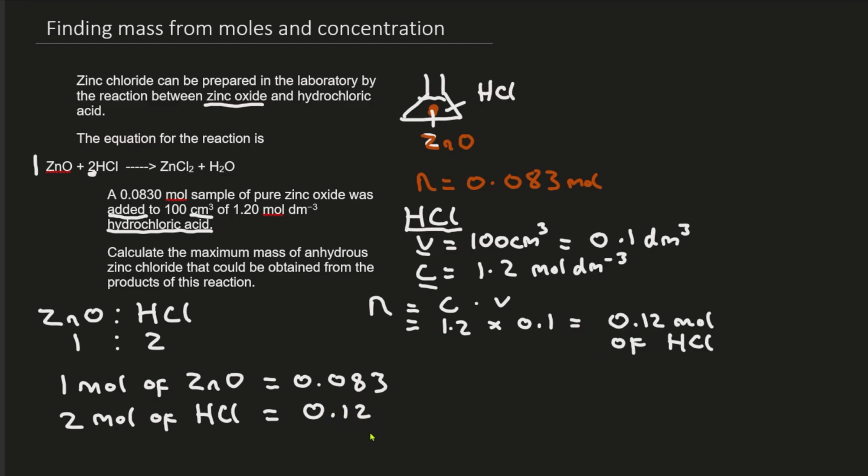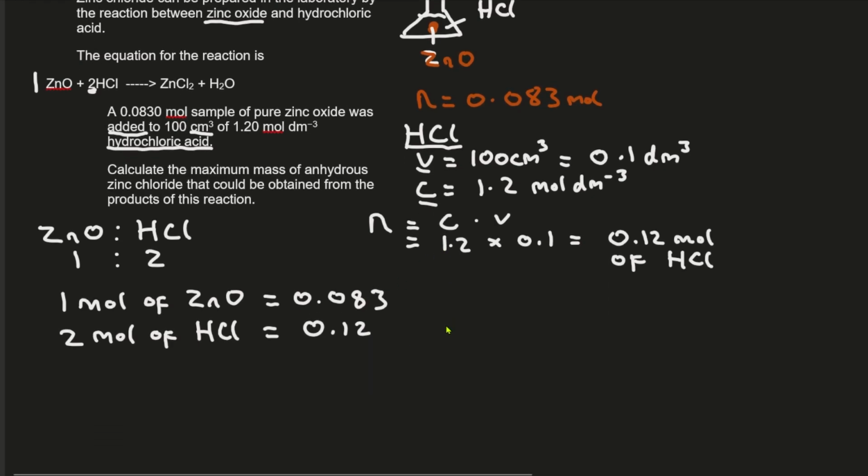Now, because we want to know which one is limiting, we're not quite sure yet. So we need to do a little calculation here and find out what 1 mole is. So let's write this in red. Therefore, 1 mole of HCl is going to be half of that, in which case we get 0.06 moles. Now we have a fair comparison, don't we?